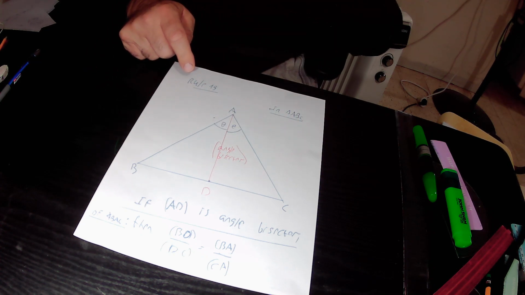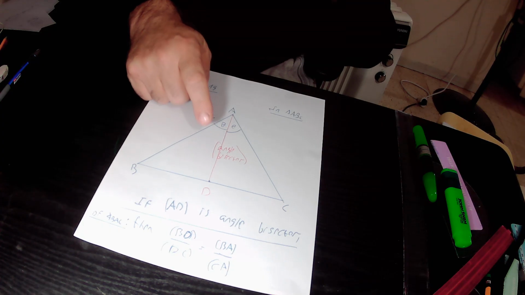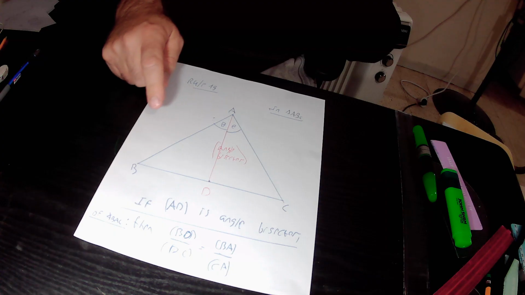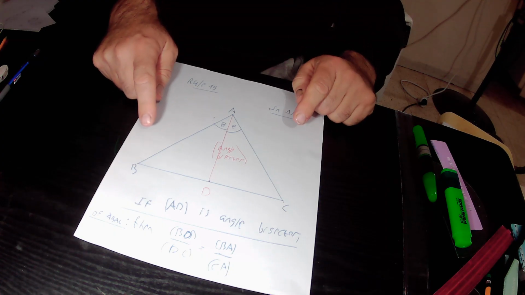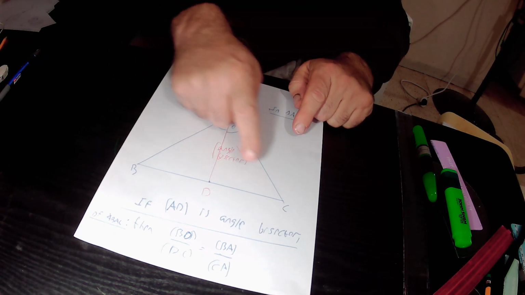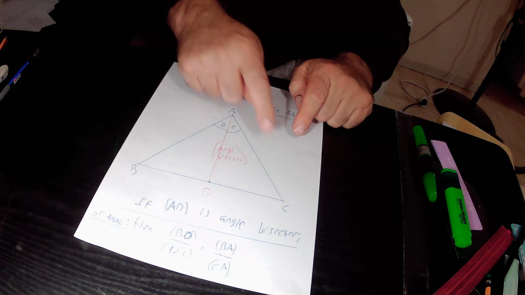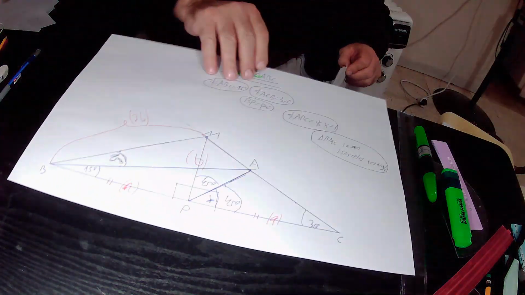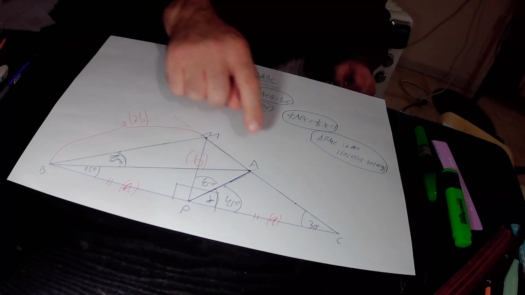Again, because AD is the angle bisector of triangle ABC, it divides the sides of triangle ABC proportionally, so BD over DC equals BA over CA. So we can implement rule 19, the angle bisector theorem, on this associated triangle BMC.